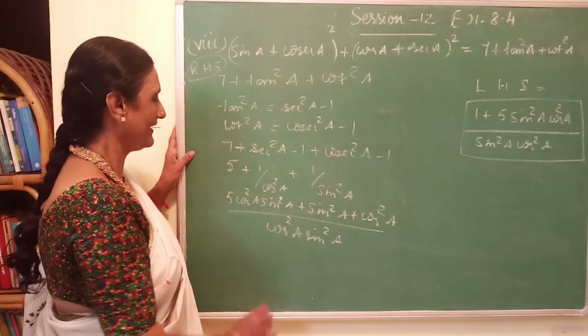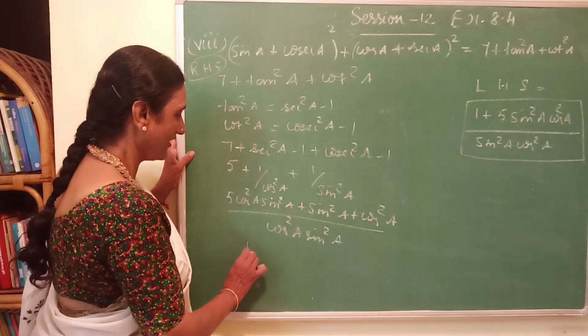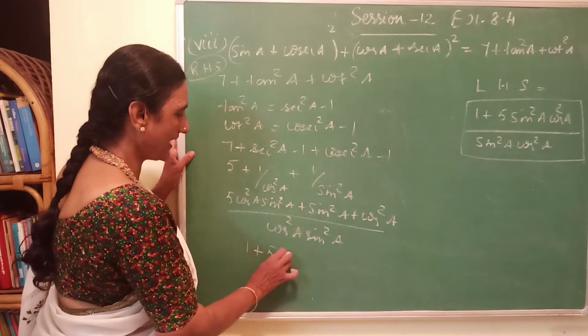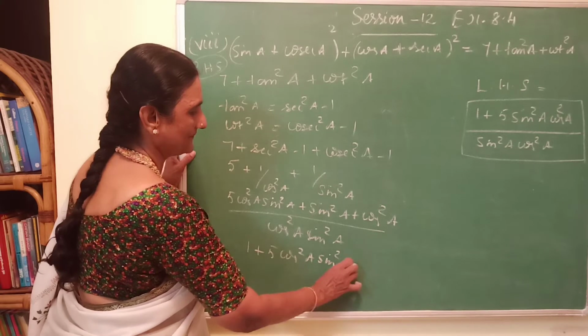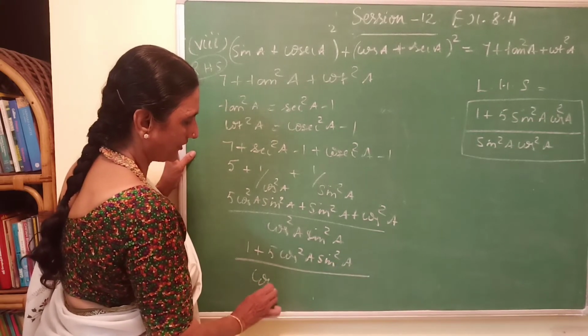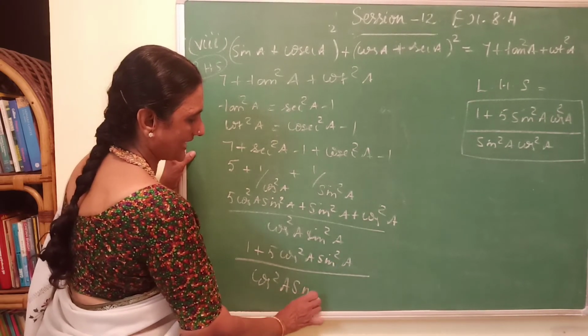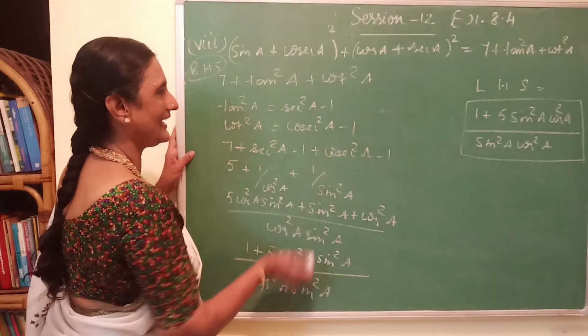It is 1. Therefore, I get 1 plus 5 cos square A sin square A divided by cos square A sin square A as the RHS.